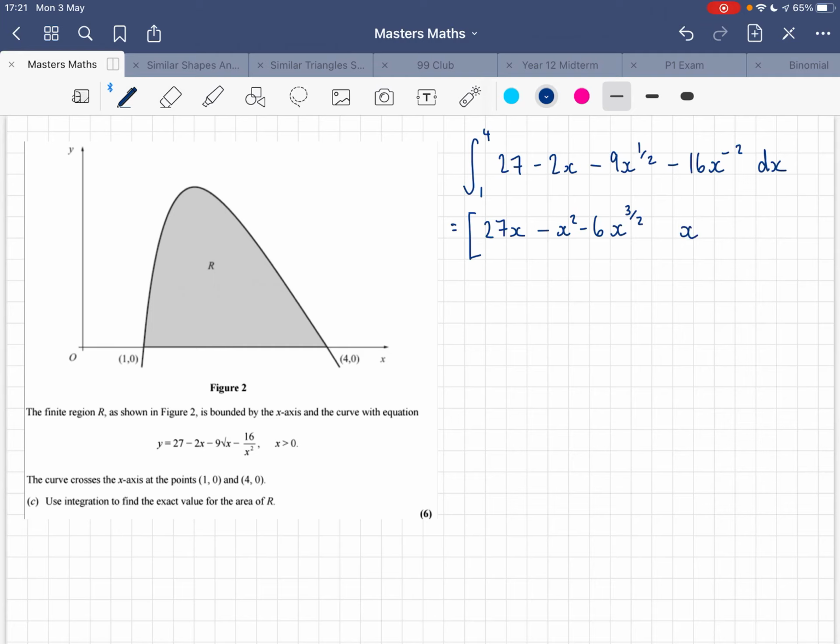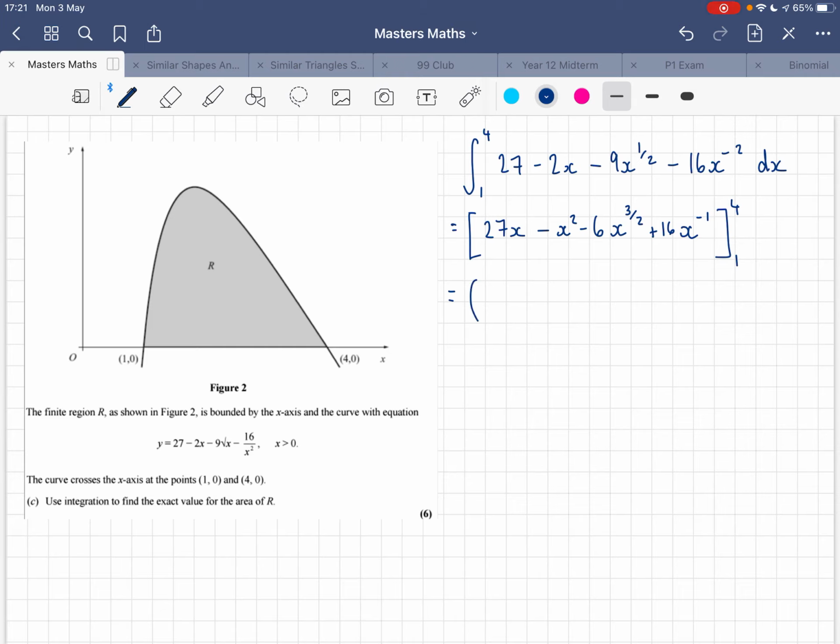And then I've got x to the power of negative 1. Increasing the power, and negative 1 divided by negative 1 gives me positive 16. And I'm then going to evaluate that between 4 and 1. Substitute in 4 into the expression, and then substitute in 1.